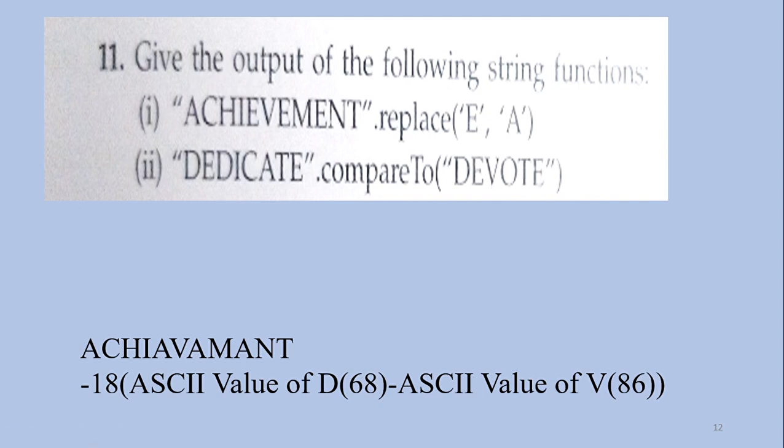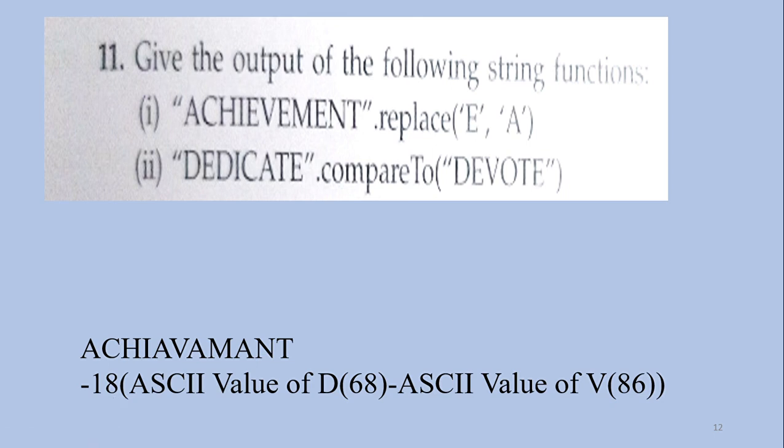So immediately what the compiler does is, it takes the ASCII value of D. The ASCII value of D is 68 minus the ASCII value of this capital V. What is capital V? 86. When you subtract 68 minus 86, you get the answer as minus 18. So your output will be minus 18.